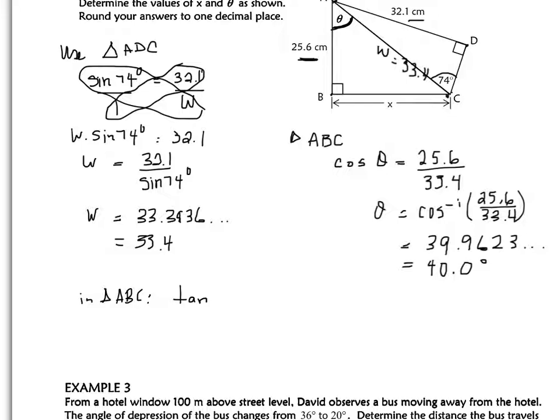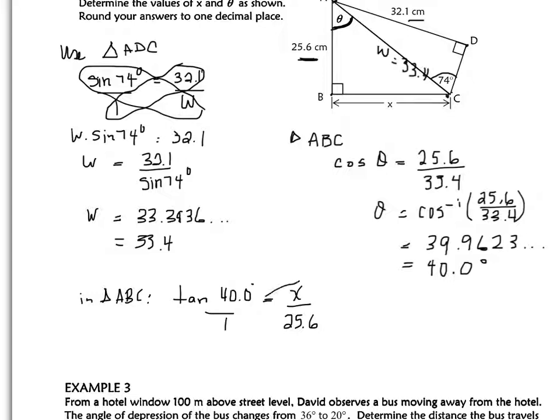We've got tan of theta, which is 40 degrees, equals opposite, which is x, over adjacent, which would be 25.6.